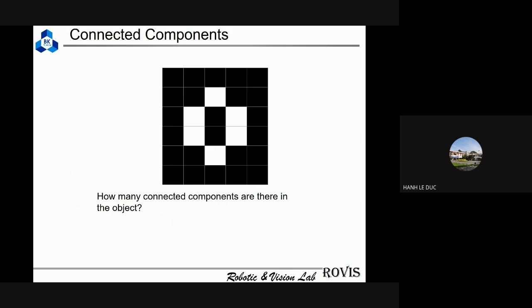Based on the type of connected component, we will have the objects. For example, if we use two kinds of connected component, we will have two objects or one object.